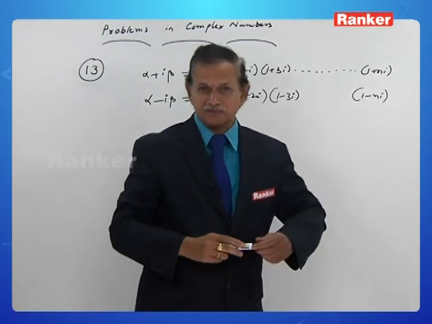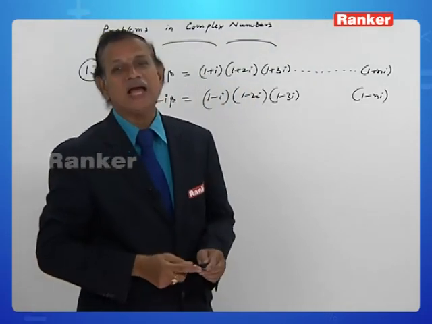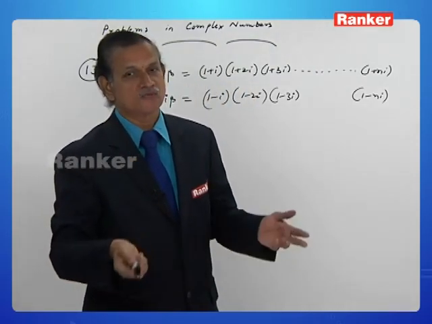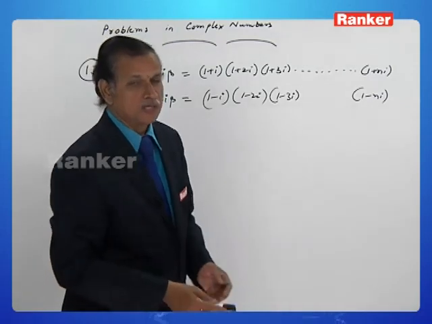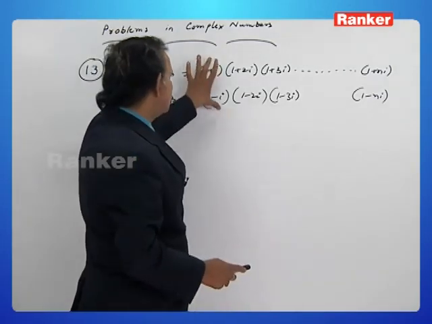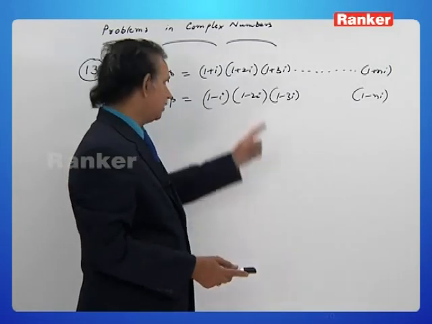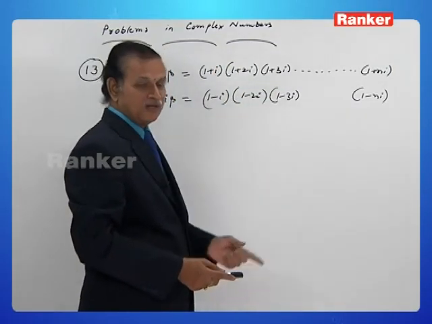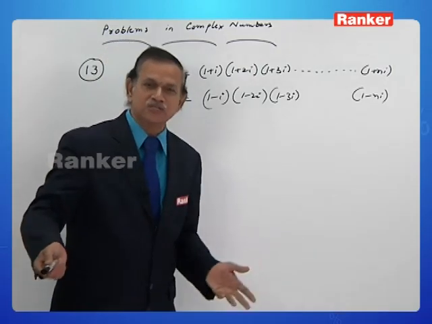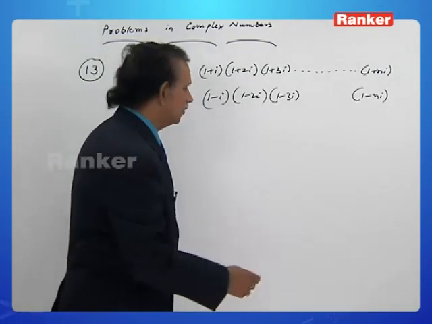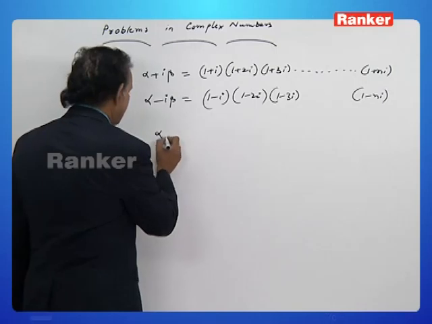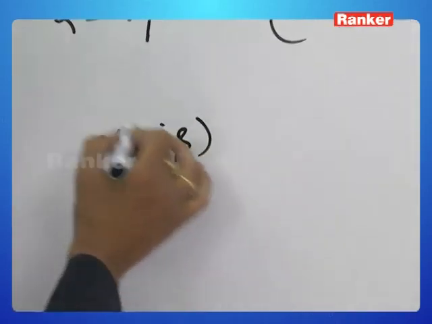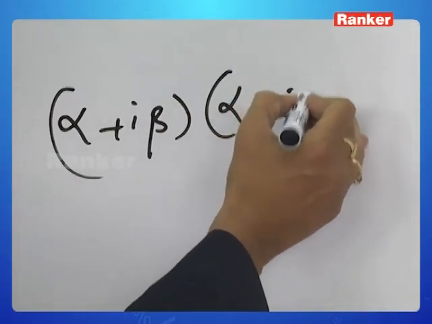Now, think of the required. We need to have 1 plus 1 square, 1 plus 2 square, 1 plus 3 square, and so on. How can it be had? (1 plus i)(1 minus i) gives 1 plus 1 square. This is 1 plus 2 square. This is 1 plus 3 square. We have got the idea which is required, of course. So, you get these two multiplied.